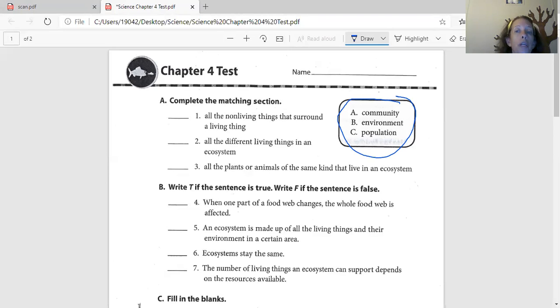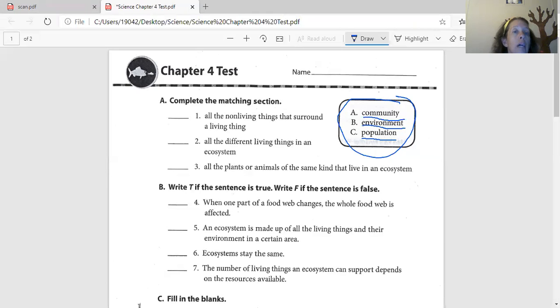The first word is community. Everybody say that with me, community. The next word is environment. Please say that with me, environment. The next one is population. Please say that. Great, but your answers are only going to be A, B, or C. Okay, I'll read it for you and you just fill in the right letter.